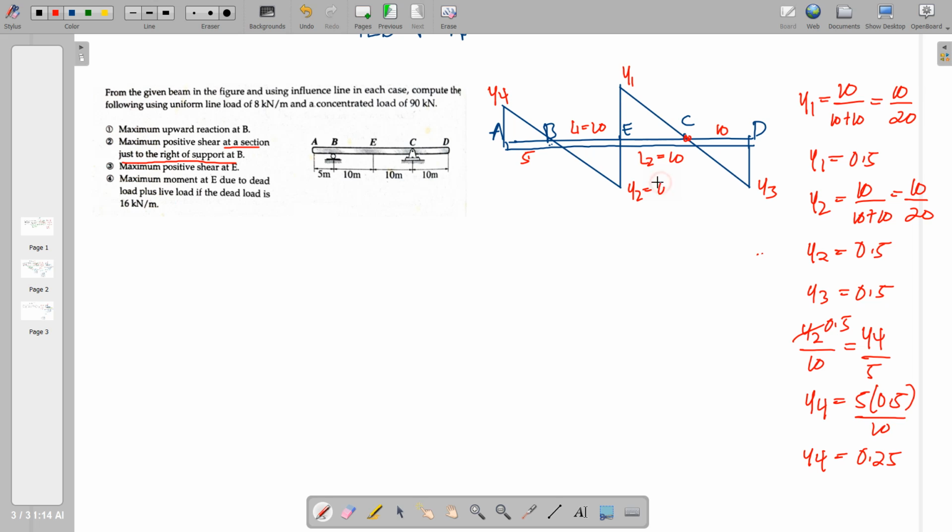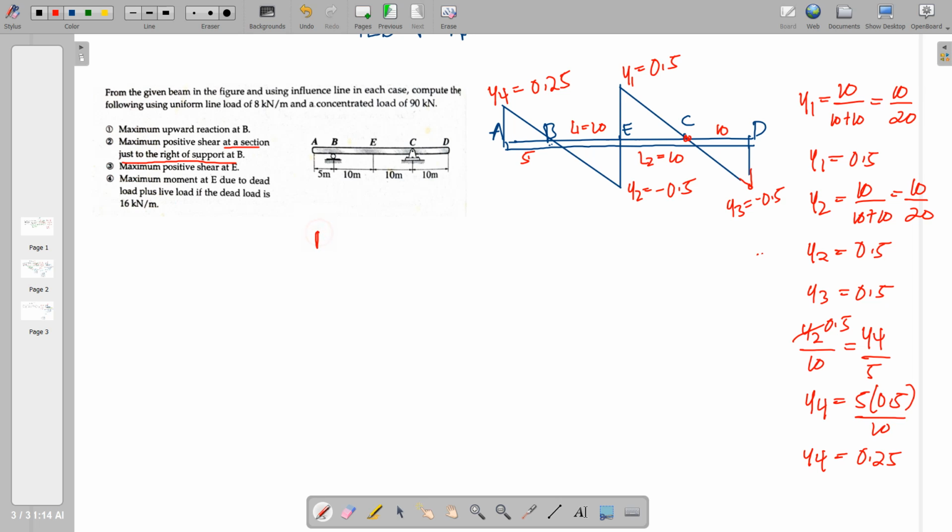So this is negative 0.5, this is positive 0.5, Y4 is 0.25, and this is also negative, Y3 negative 0.5.